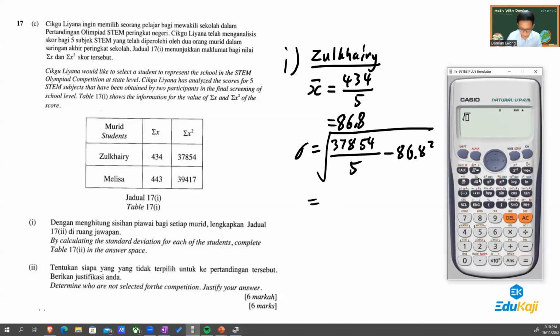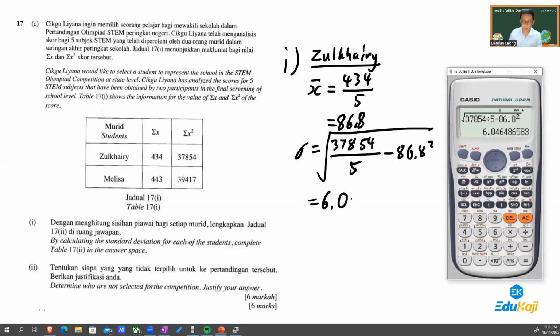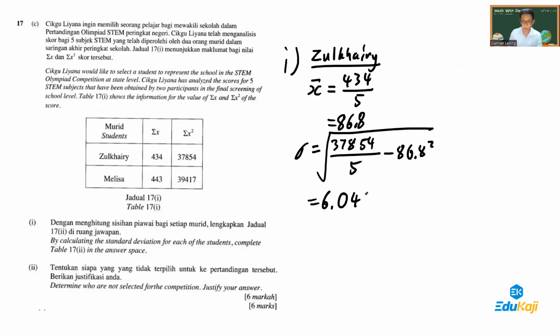So square root of 37854 divide 5 minus 86.8 square, which will be 6.0464. So 6.046.